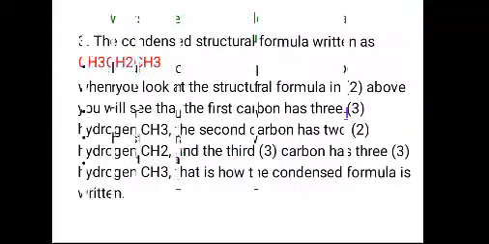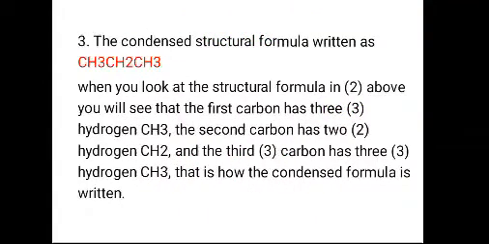The third way of representing is the one we call the condensed structure. When you look at the structural formula, you will see that the first carbon has 3 hydrogens. That is why in this condensed structure we have CH3.